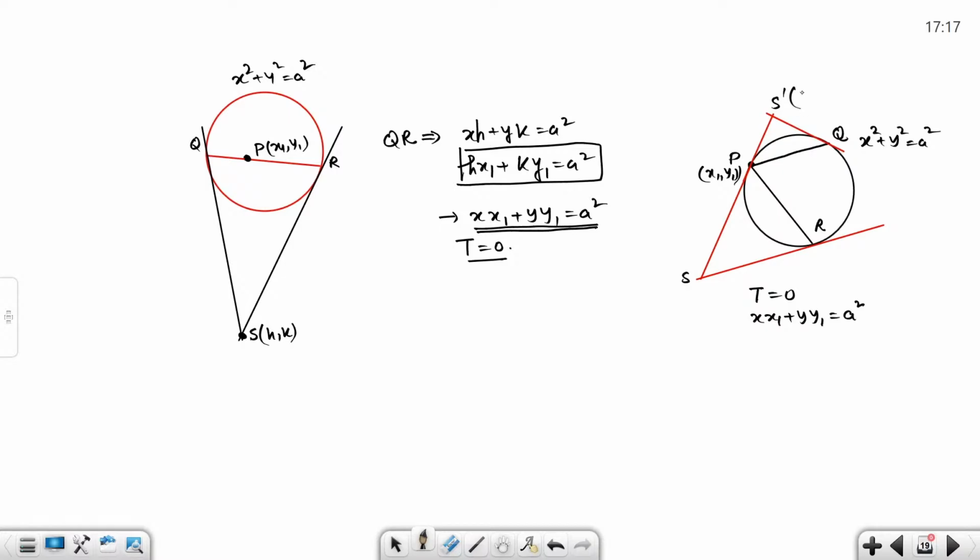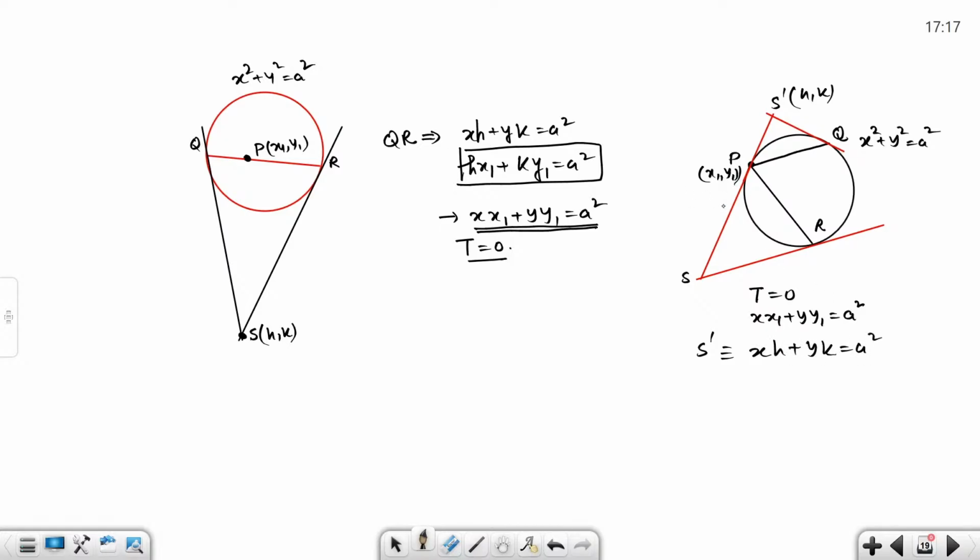Now let us say this point be H comma K. Now I want to find out the locus of S dash. So what you will do? You will say that the equation PQ, because PQ is now the chord of contact with respect to S dash to this given circle, the equation is xh plus yk equals to S square.